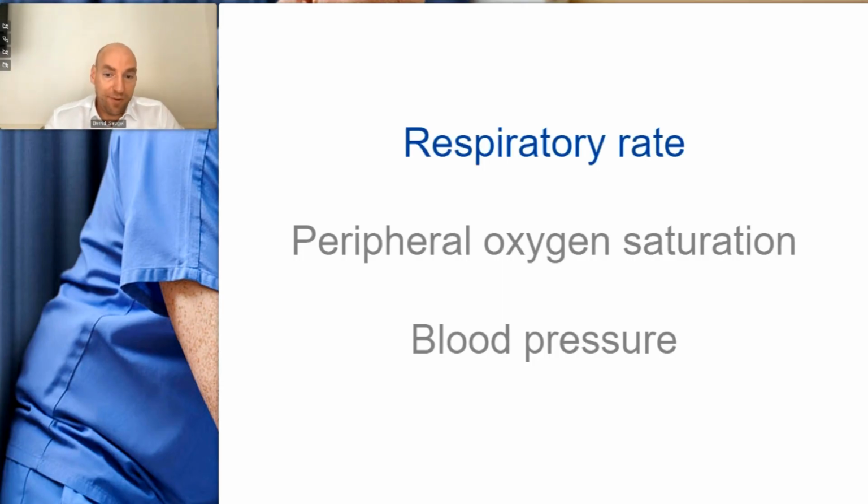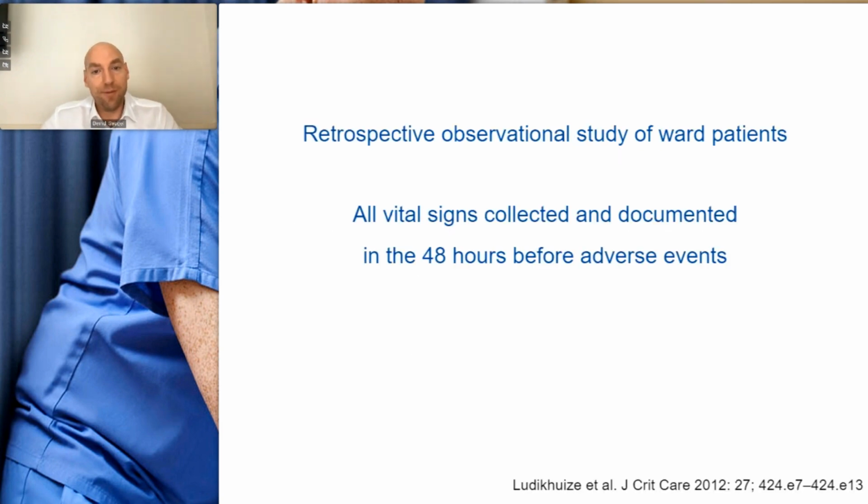If we speak about respiratory rate, we can look at retrospective observational studies of patients treated on general care wards who had an adverse event. This study looked at all vital signs collected and documented in the 48 hours before the adverse event, to see how often they were checked, whether they were abnormal or normal, and whether they could have predicted the adverse event.